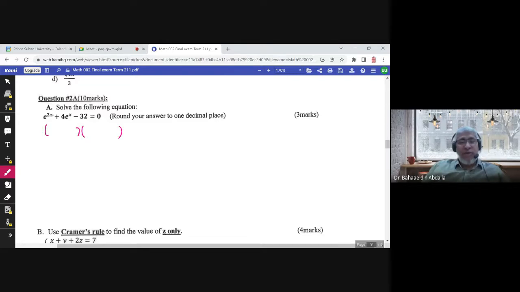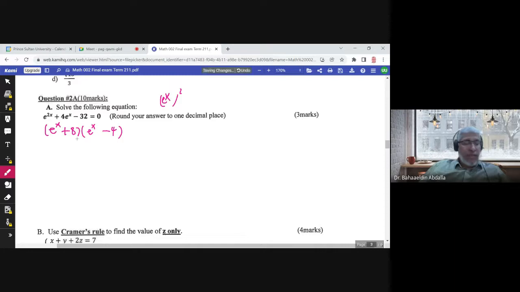This is e to the power 2x, which is in fact (e^x) squared. So I can write e^x here and e^x here and search for two numbers. Their product is negative 32 and their sum is 4. So it is plus 8 and negative 4.